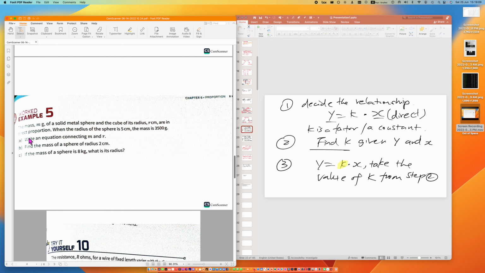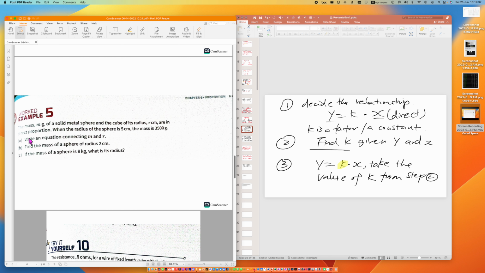The m and the cube of its radius are. So which two? M and the cube of its radius. Which one comes first?